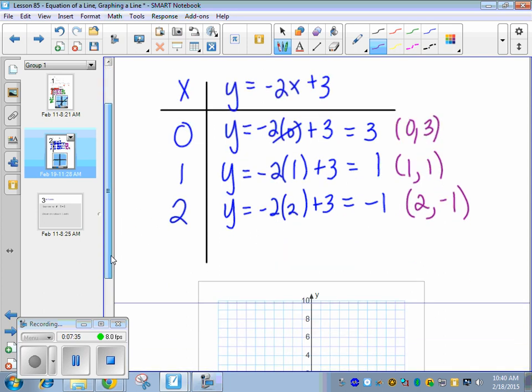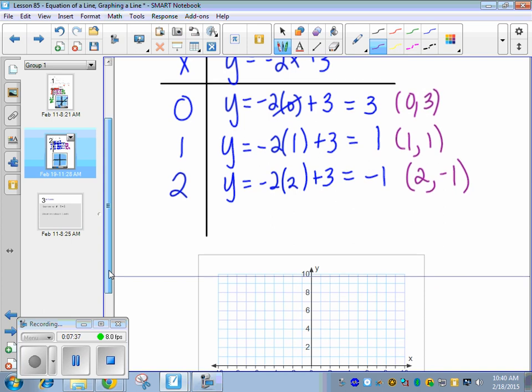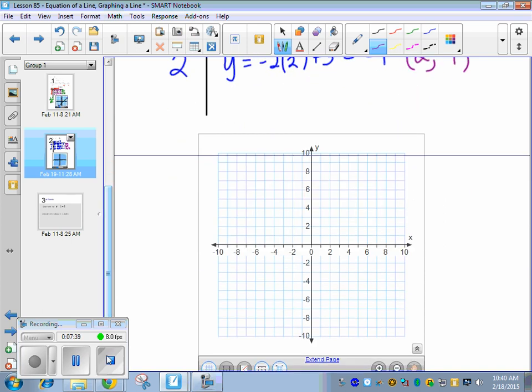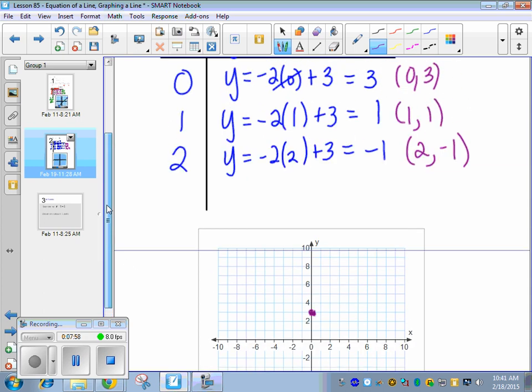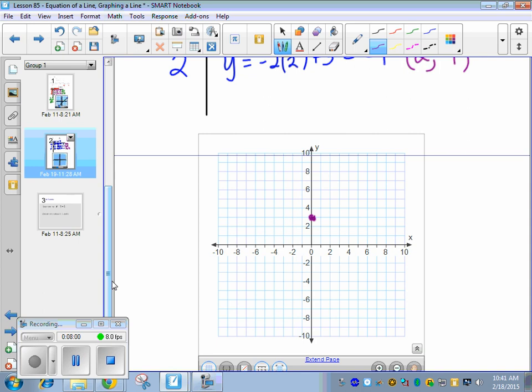And now we're going to plot them. So 0, 3. Who can come up here and show me where 0, 3 is on this particular grid? Coleman. Where's 0, 3? Okay, good. There we go. 0, 3. Right there. Good. All right, and then we have 1, 1. Who can show me where 1, 1 is?